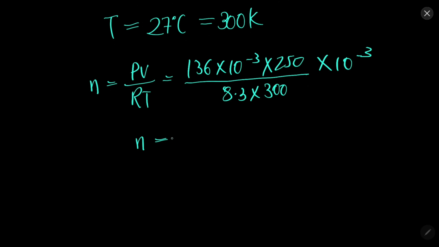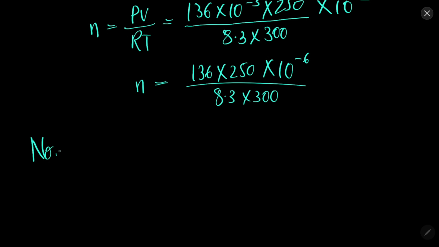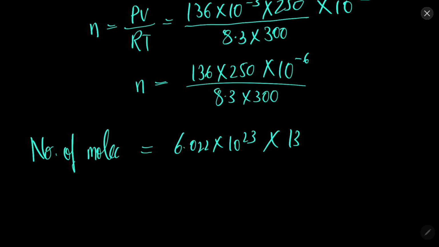So after solving, we will get number of moles to be 136 into 250 into 10 to the power minus 6 over 8.3 into 300. Now we need to find the number of molecules. So it will be Avogadro number, that is 6.022 into 10 to the power 23 into number of moles.